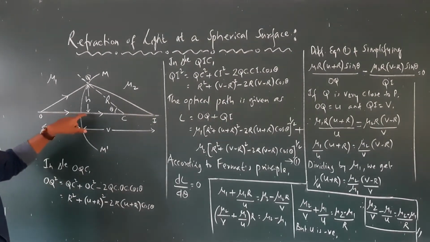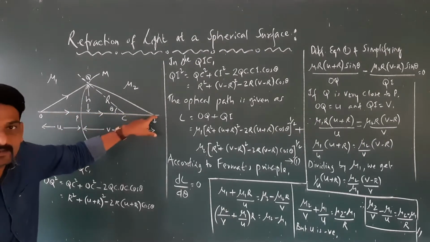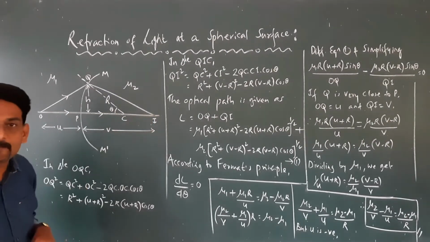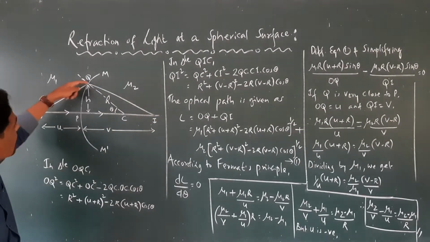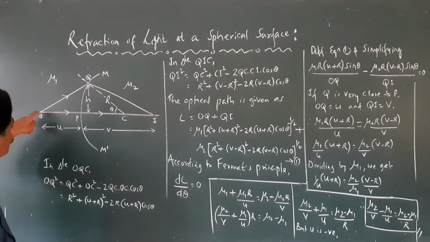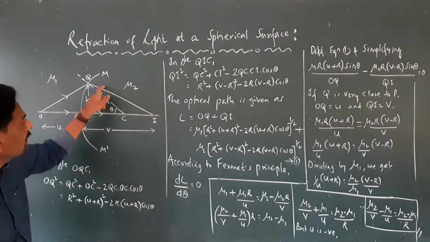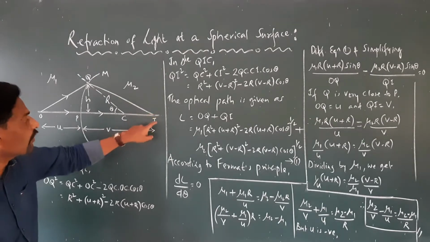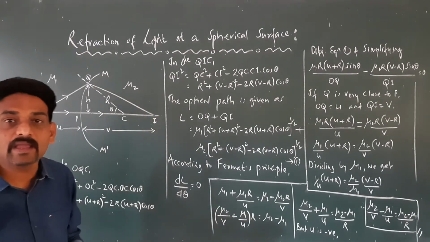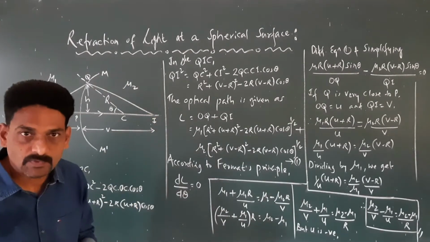We have one more incident ray OP which goes straight and meets at point I. So the ray QI and the ray OPI meet together and form I. What is I? I is the image.